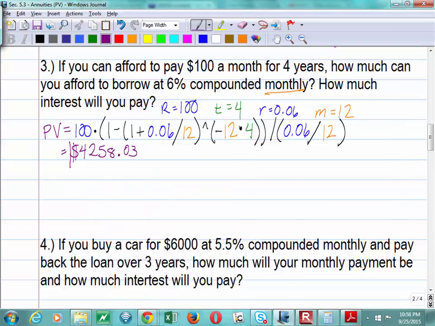Alright, so that's how much you can borrow. Let's figure out how much interest you would pay. So to do that, we would figure out how much you would actually pay minus the amount you borrowed.